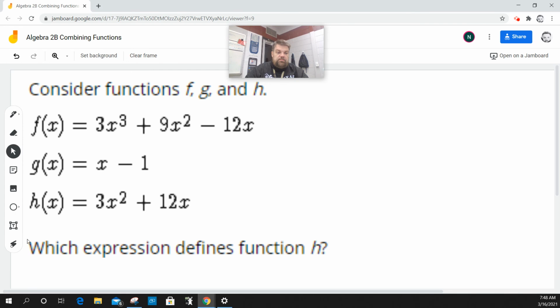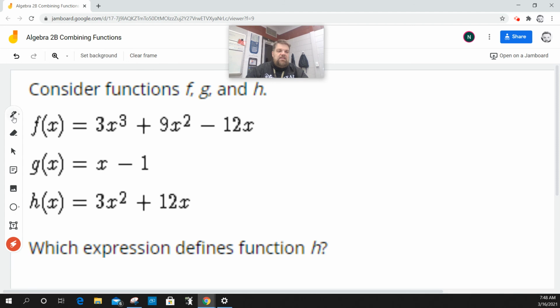I notice that this is 3x squared, and I notice that this is 3x cubed. Well, g is x to the first power. So how do I manipulate x to the first power to make this 3x cubed?